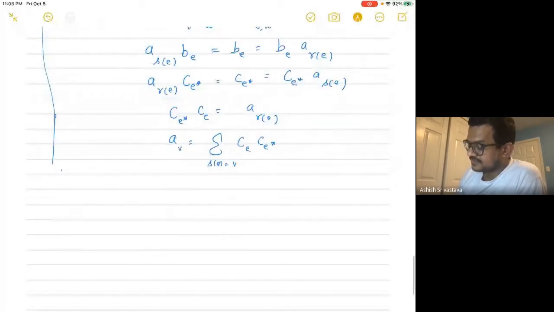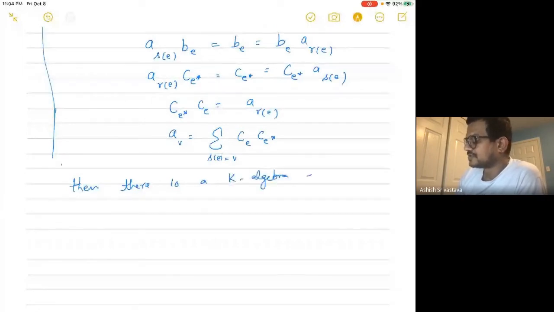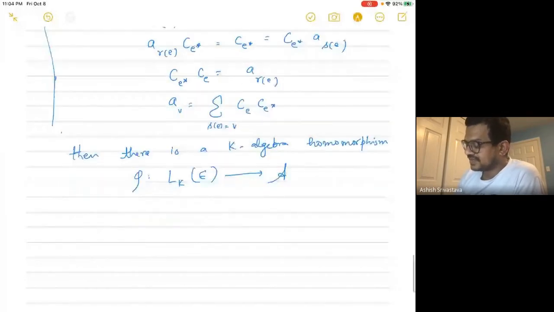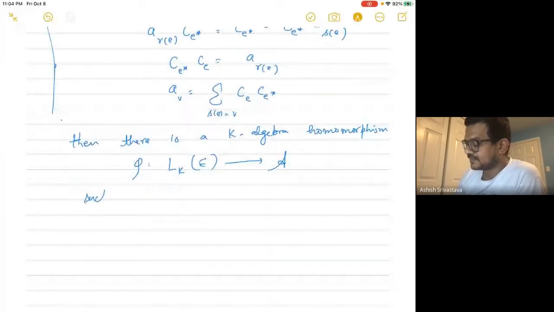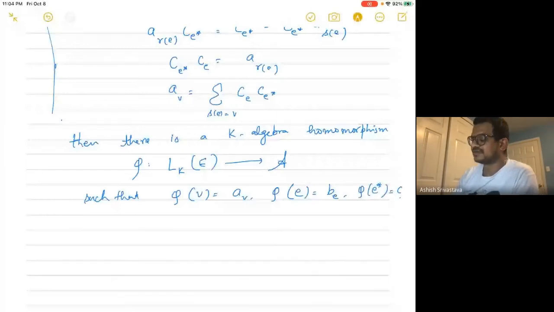Then there is a K algebra homomorphism phi from this Leavitt path algebra to A, such that phi of v equals a_v, phi of e equals b_e, and phi of e* equals c_{e*}.